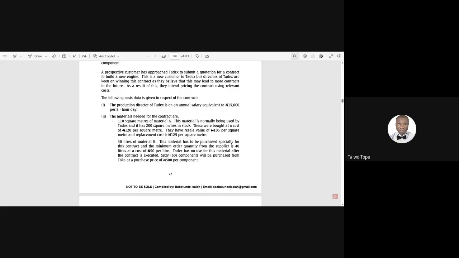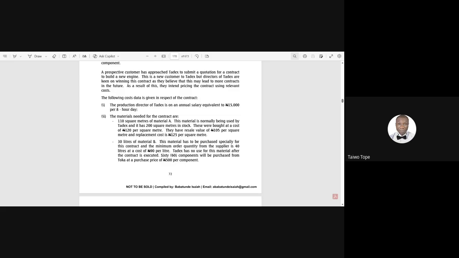Is the remaining 10 not in excess? Yes, it's in excess, but you have to pay for 40 before you can get the excess. You don't need it.